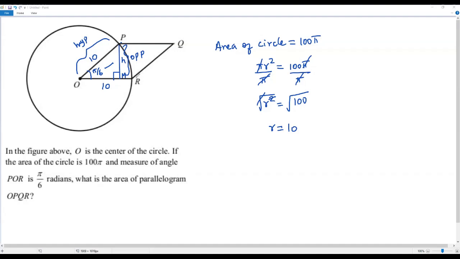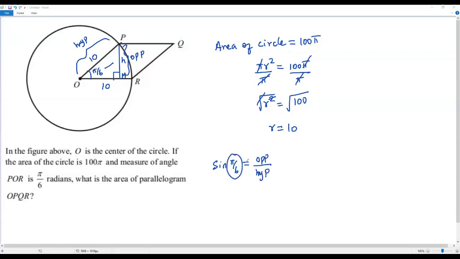So we have to consider the trigonometric ratio in which we have opposite side and hypotenuse. That is sine. So sine pi over 6 equals opposite side over hypotenuse.